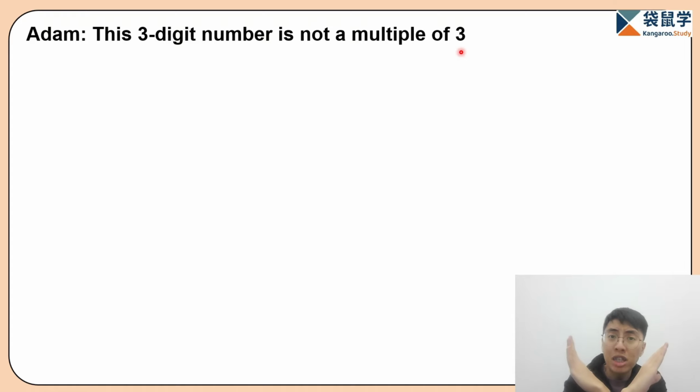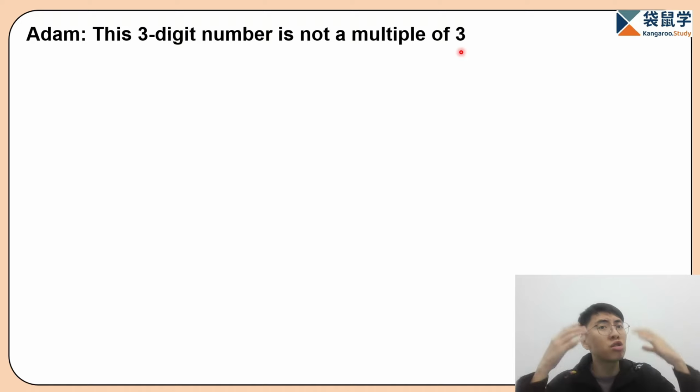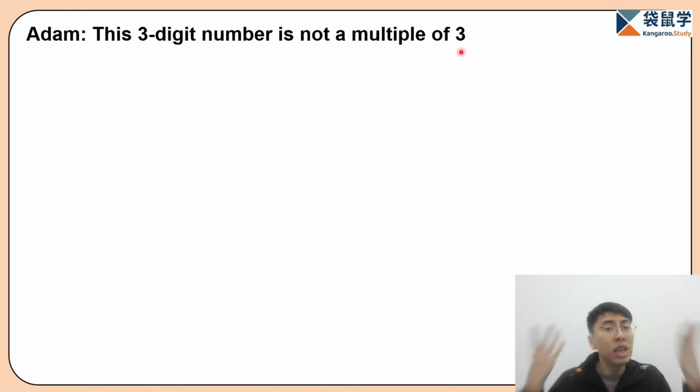Similarly, it is impossible to do so. But now, if this number is divided by 9, and if the remainder is not a multiple of 3, what does that tell us? It tells us that this 3-digit number itself is also not a multiple of 3.